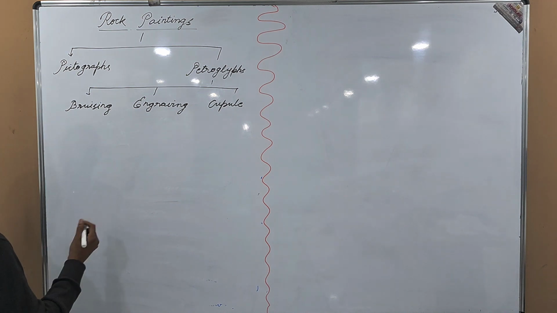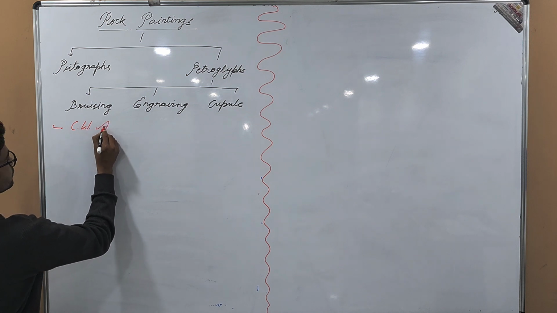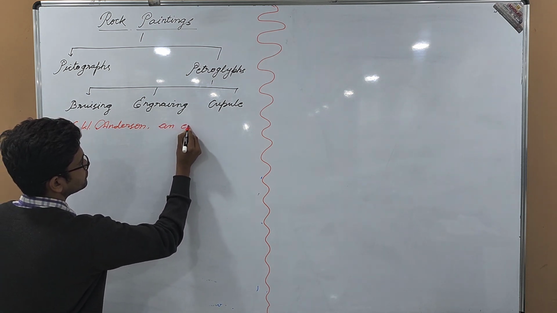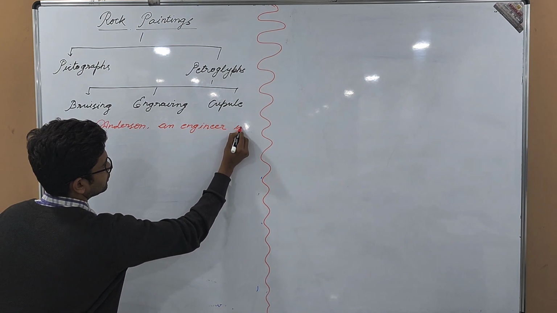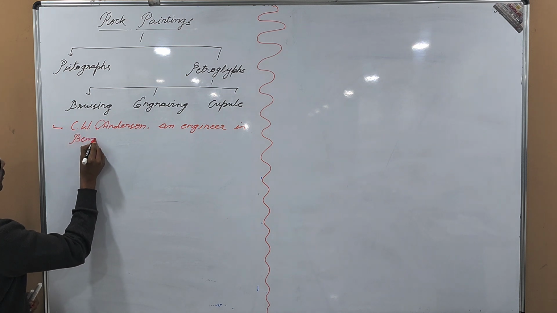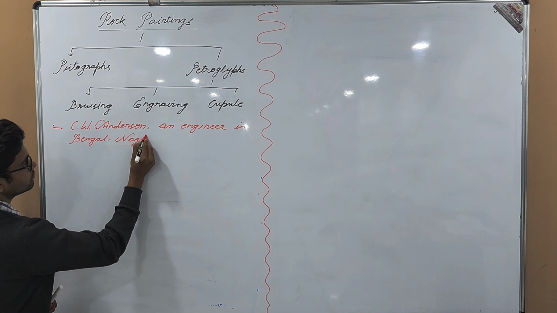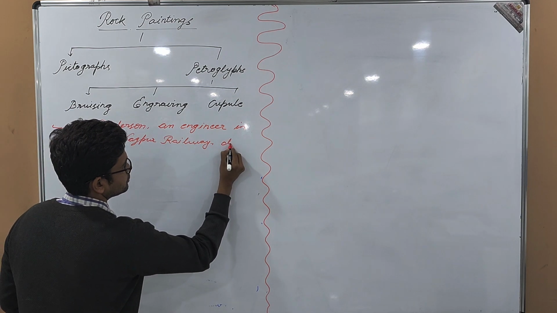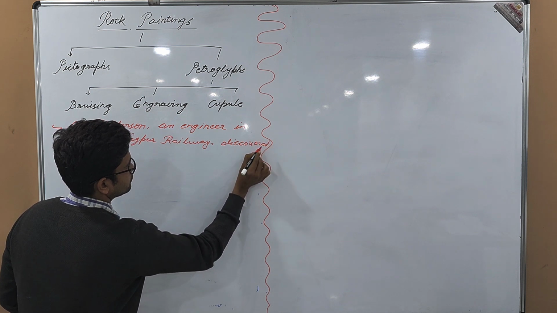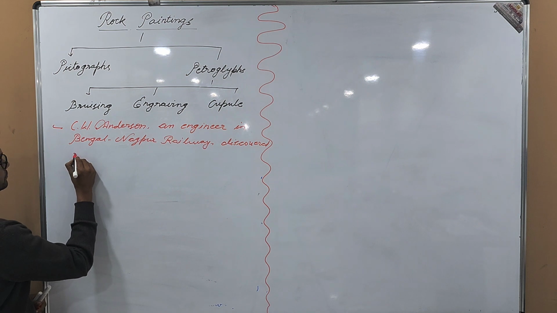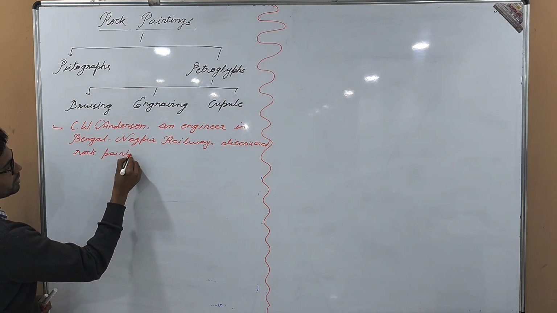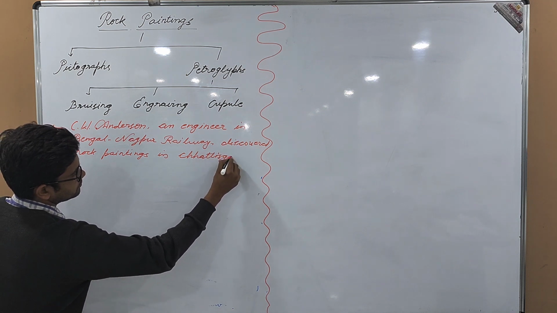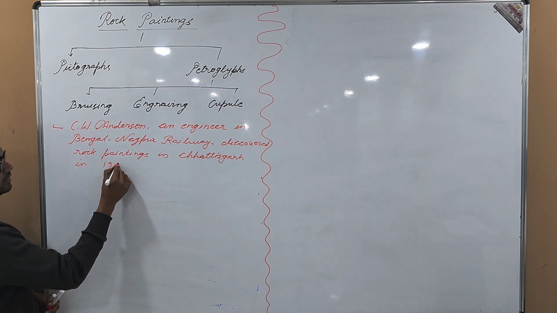So actually, C.W. Anderson was an engineer in Bengal Nagpur Railway, and discovered for the first time rock paintings in Chhattisgarh in 1910.